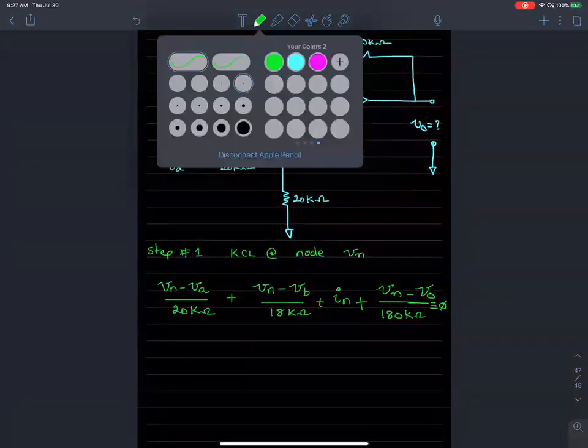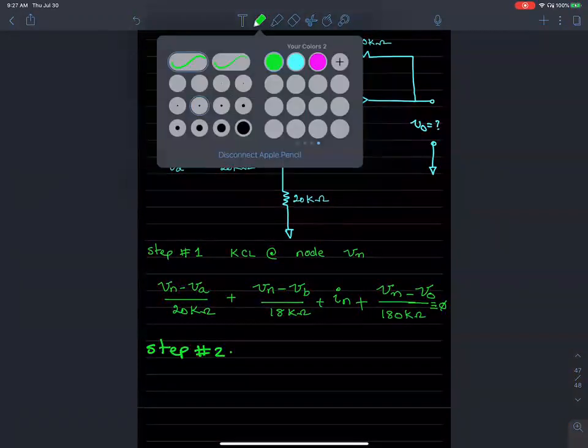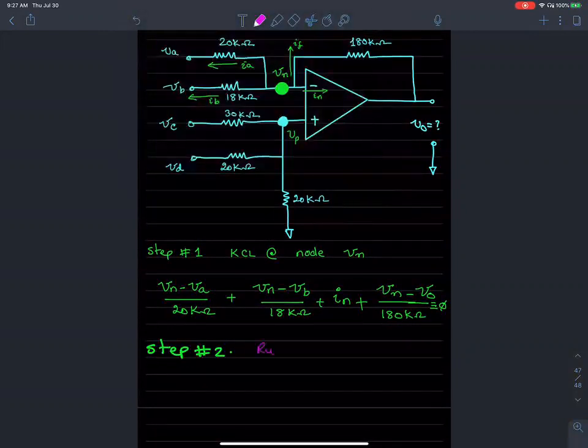What's step number two? Step number two is to apply the rules. Rule number two tells me that In equals Ip equals zero.